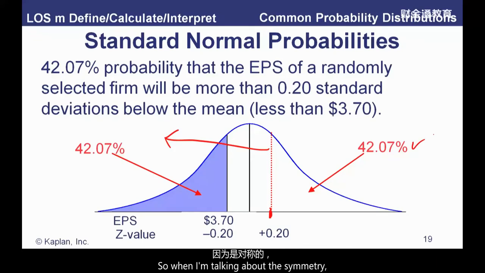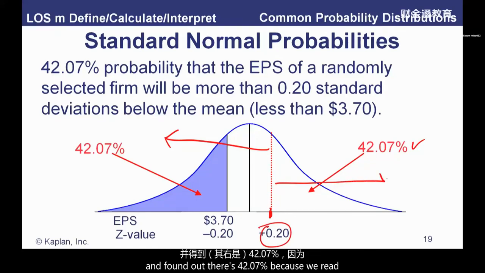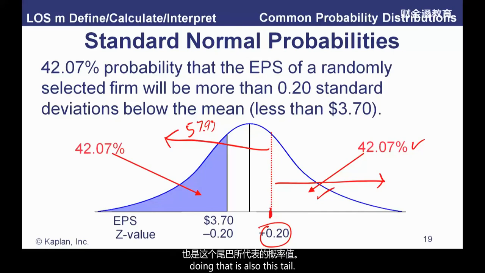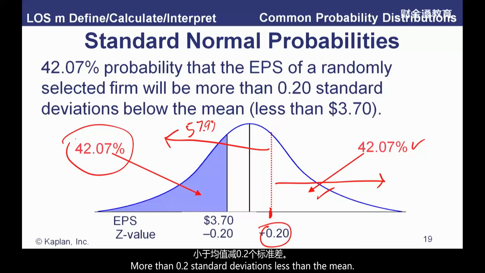So when I'm talking about the symmetry, we looked up this on the positive z-table and found out that there's 42.07 because we read the 57.93 or whatever it was going that way, 1 minus that. And what is here that we've solved for doing that is also this tail, more than 0.2 standard deviations less than the mean. So we've used that symmetry.